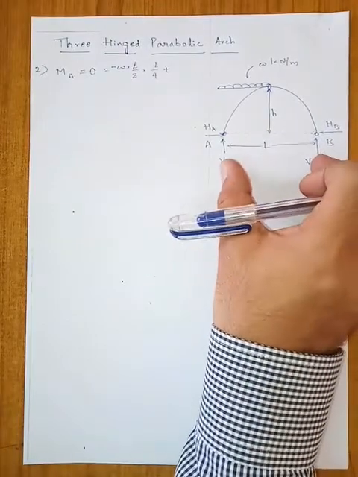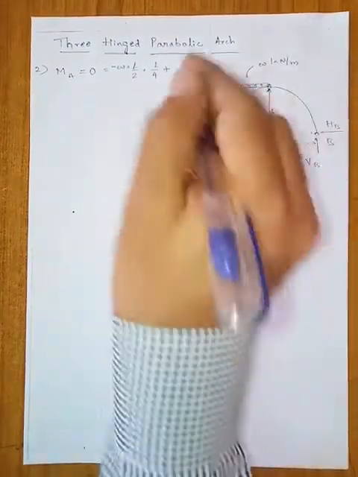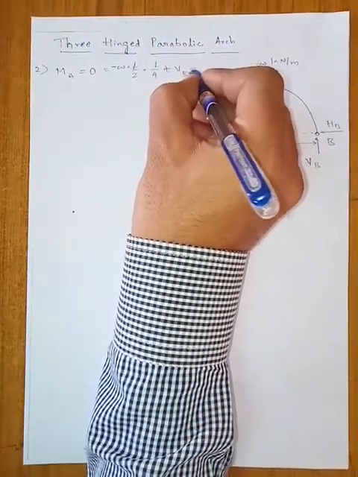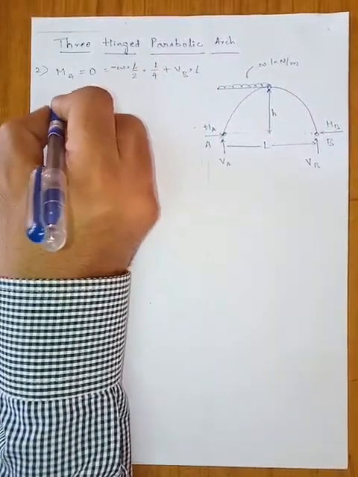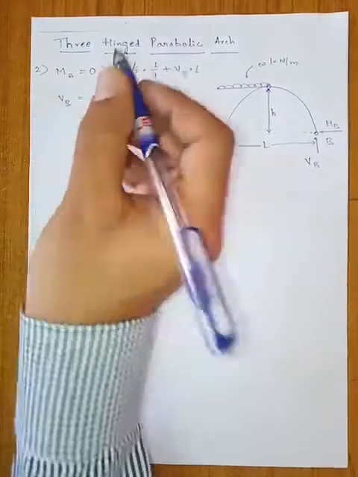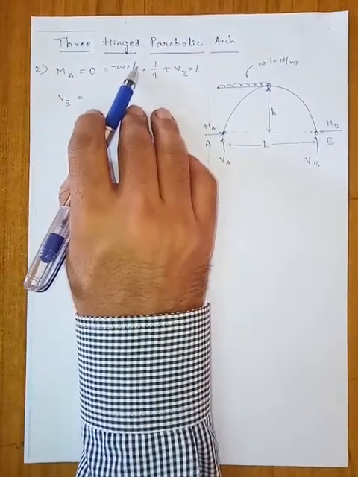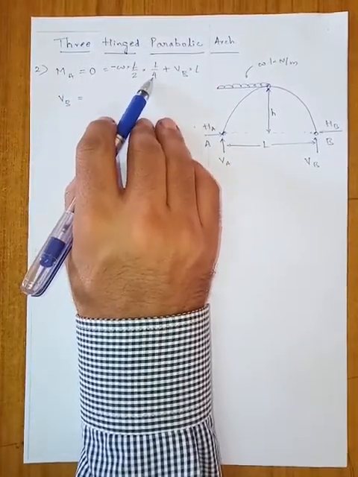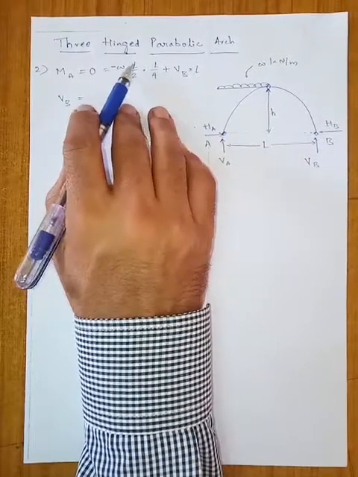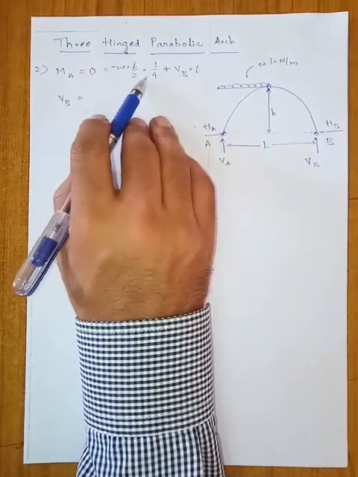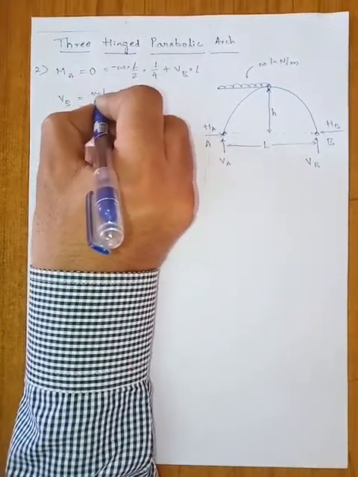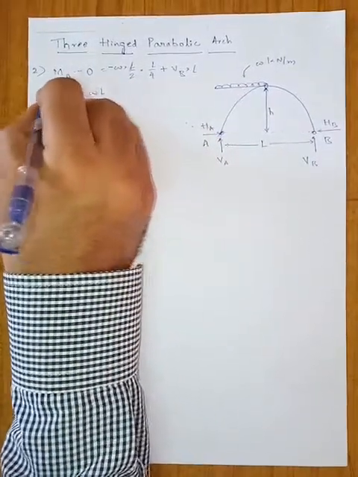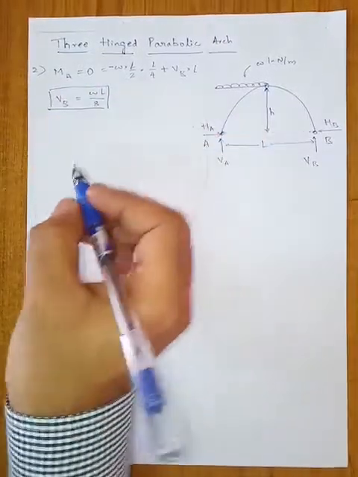So VB into the perpendicular distance L, we have VB into L. If you simplify this, you will have VB is equal to WL square upon 8 divided by L, which gives WL by 8. VB is WL by 8 here.